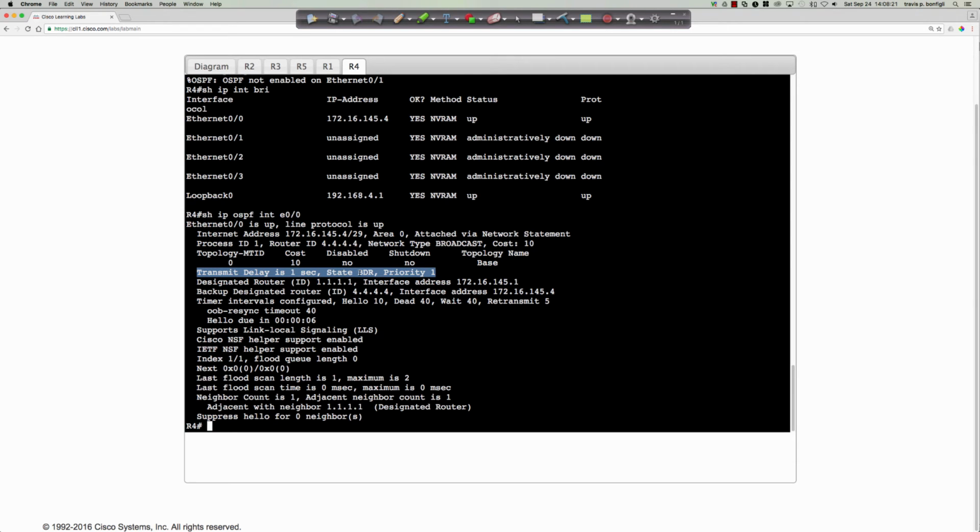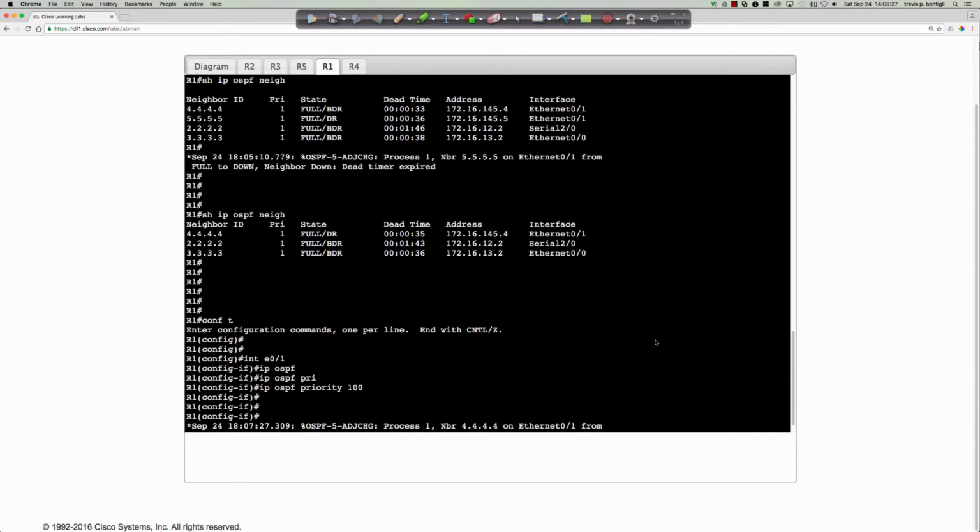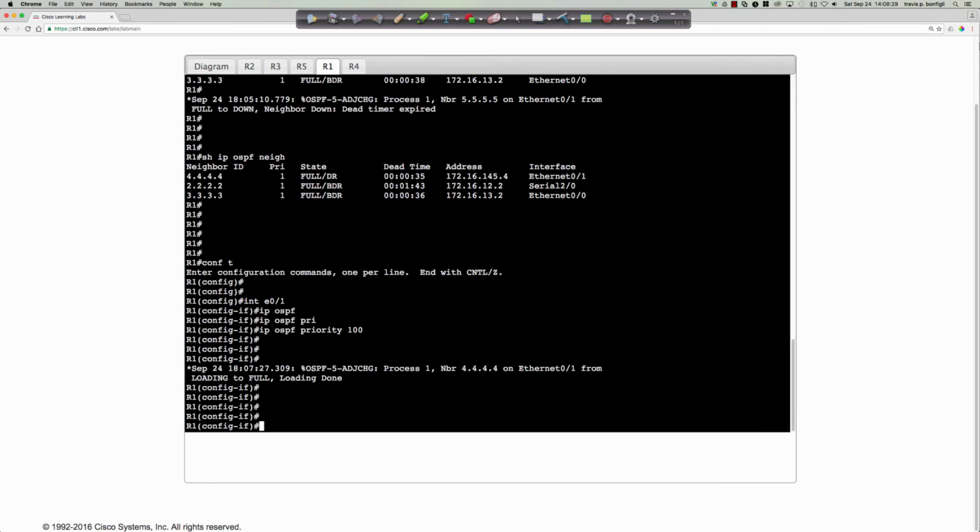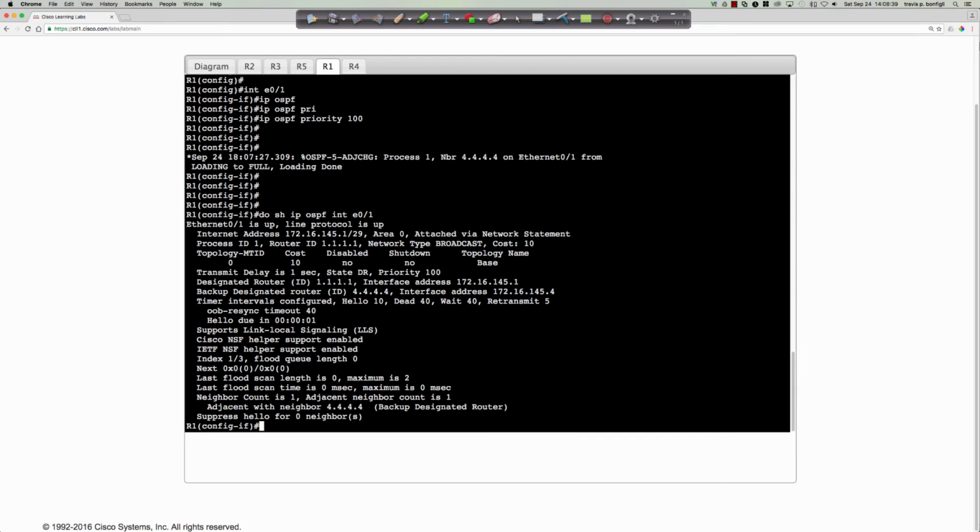BDR. This is a backup designated router interface, which means if I went over to router 1 and said do show IP OSPF interface Ethernet 01, this is where we see that, yes, we are in fact the DR of this link.